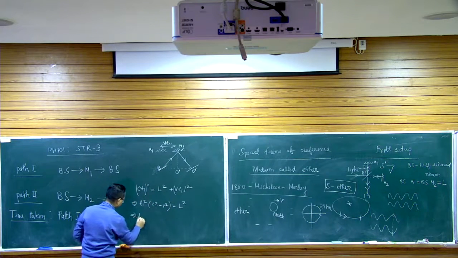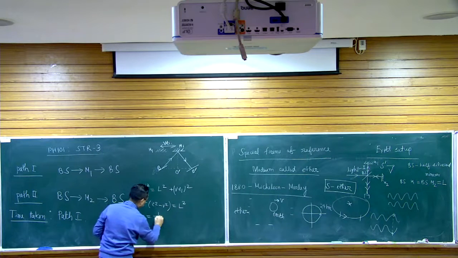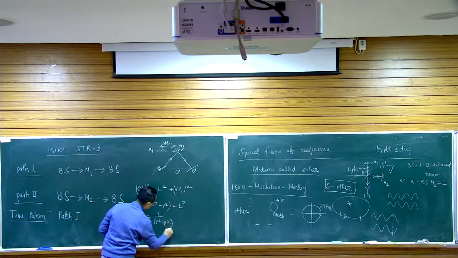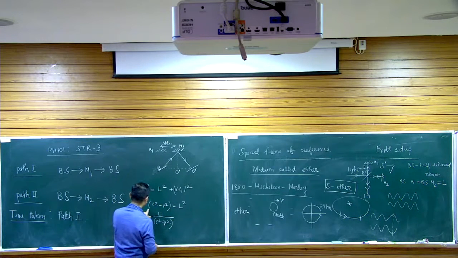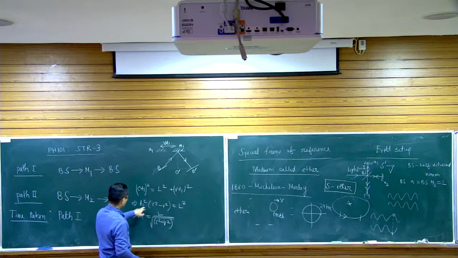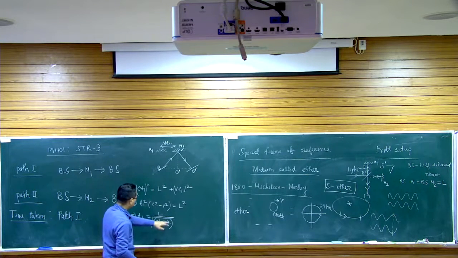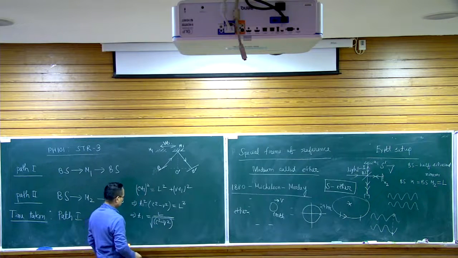So T1 equal to L by C square minus V square, of course I will have to take a square root. Then it is L by square root C square minus V square.